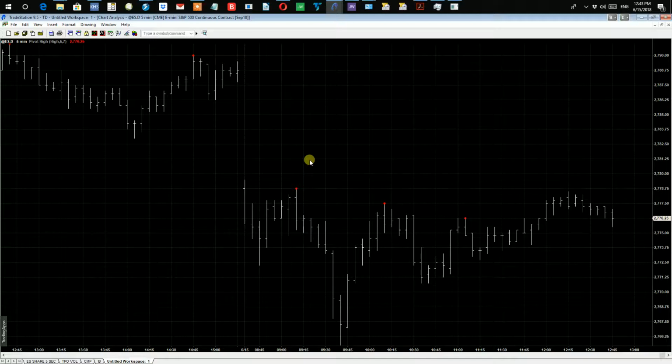Now, a pivot, first of all, is defined as any bar where the previous bar high and the subsequent bar high is lower than the current bar. So that would generate a high pivot for us.